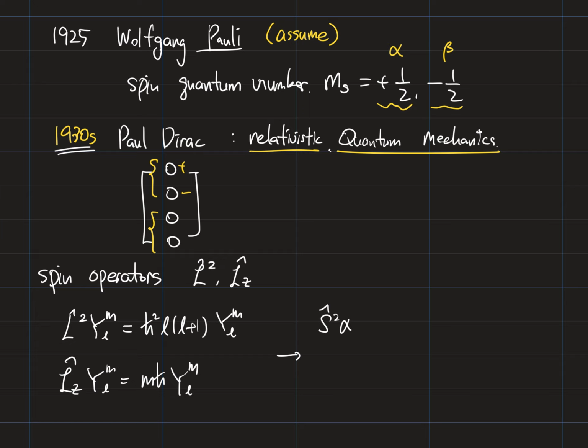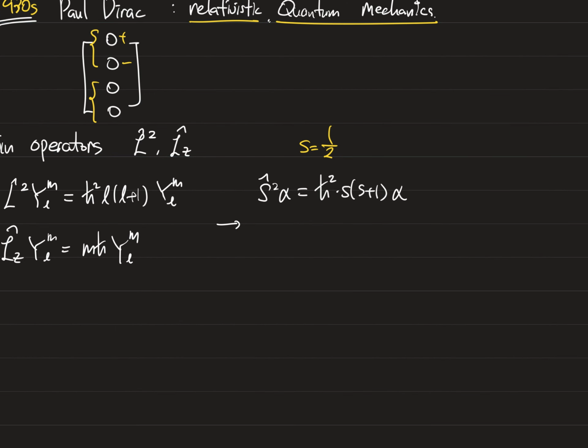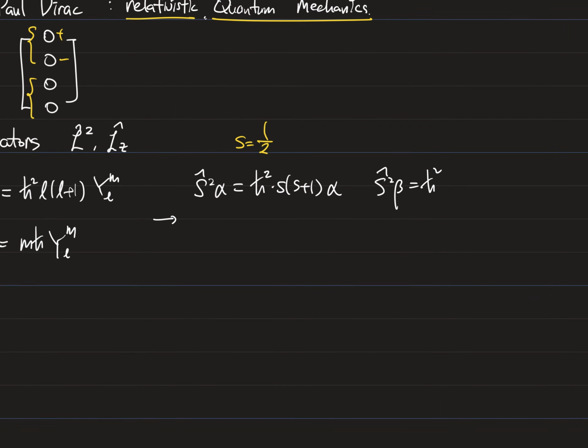So S squared of the alpha spin is equal to h bar squared s(s plus 1) alpha, and here s is equal to 1 over 2, and S squared of beta is equal to h bar squared s(s plus 1) beta. Sz of alpha is exactly m sub s h bar alpha.